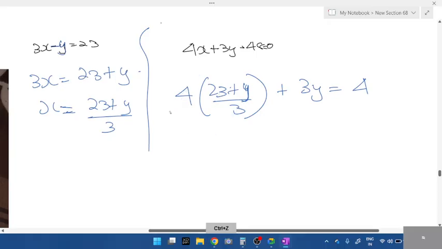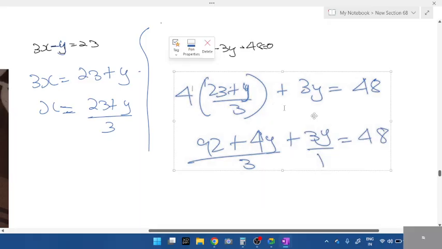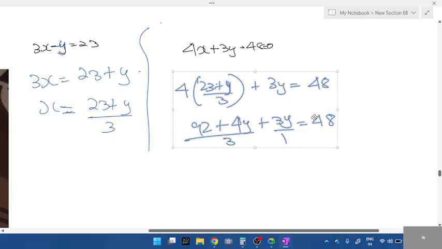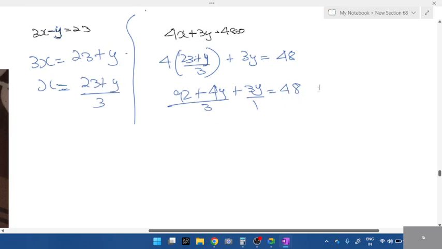No. Then just multiply 4 into 23. 4 3s are 12, 4 2s are 8, so 92 plus 4y will get multiplied, divided by 3. This 3y doesn't have a denominator, take it as 1. Here, the denominator is same or different? Different.